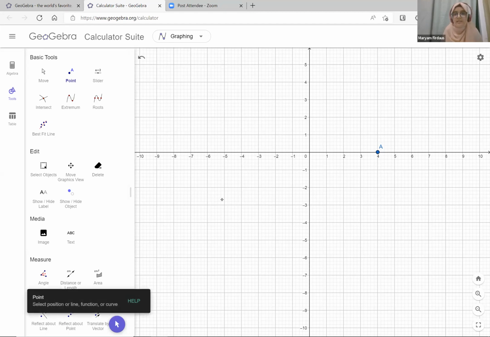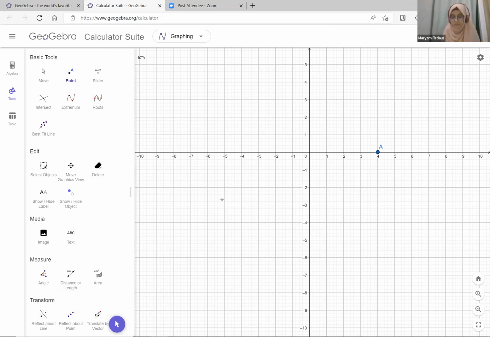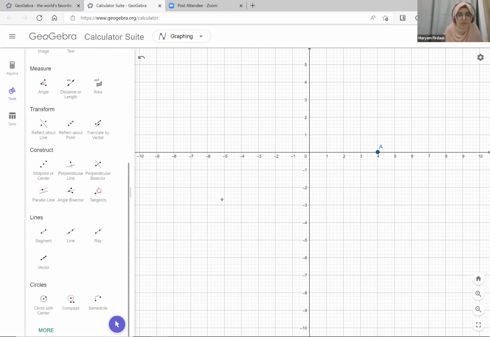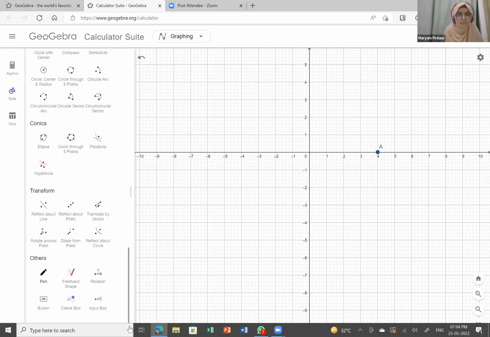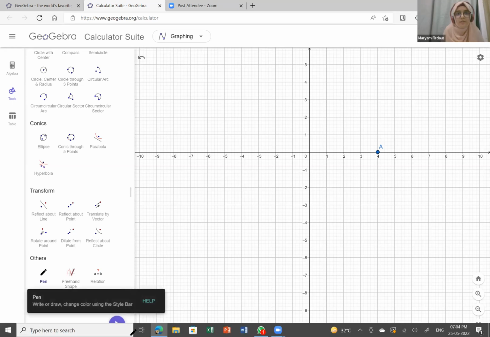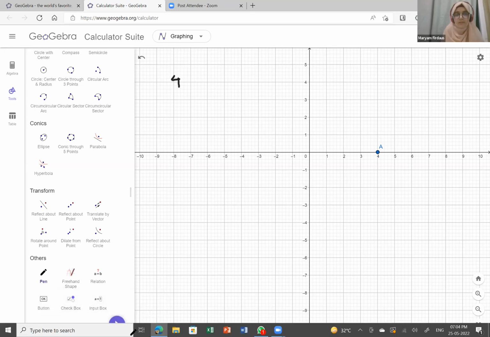So let's say I subtract a positive integer. Can you give me a positive integer? 4. Another one. We already have 4, so just give me something else. 6. Okay. So you said 4, right?